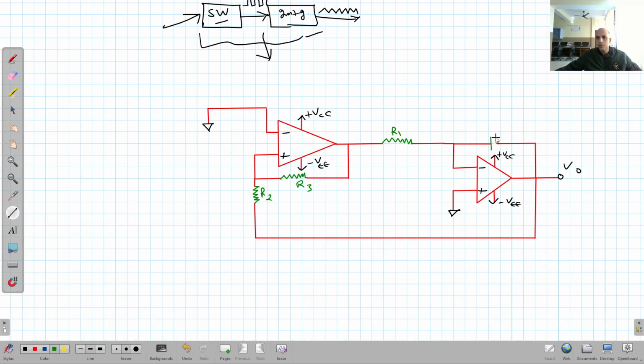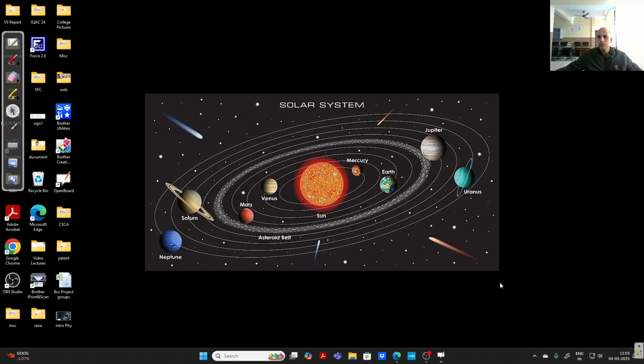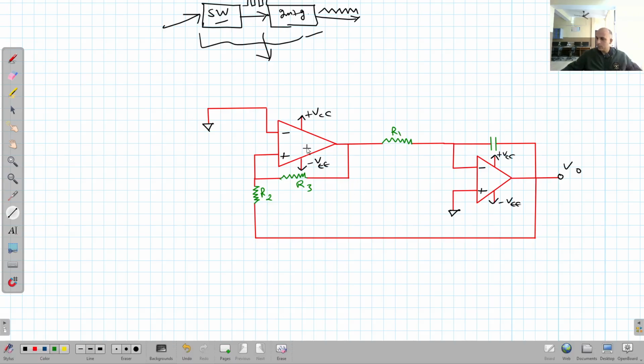So now the circuit is complete. Now this is the gain A of this amplifier, and this is A dash.